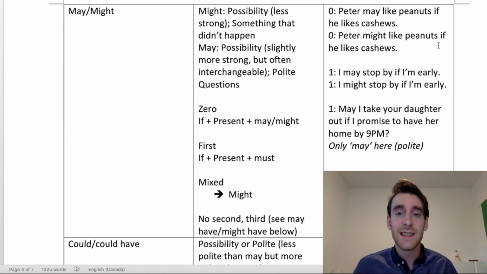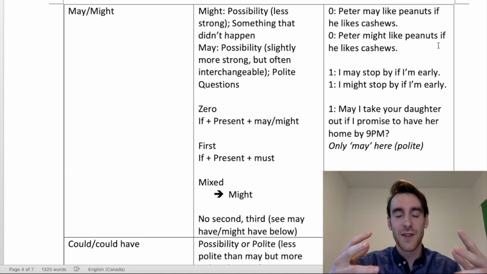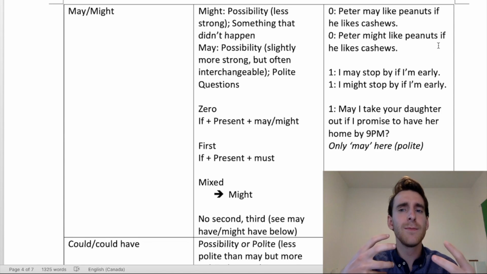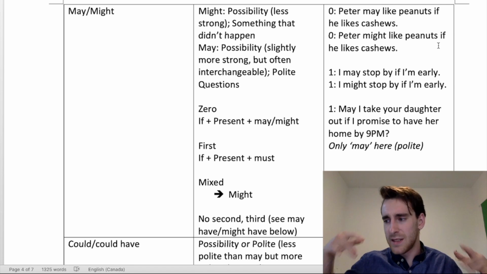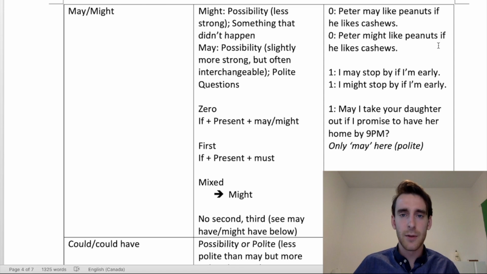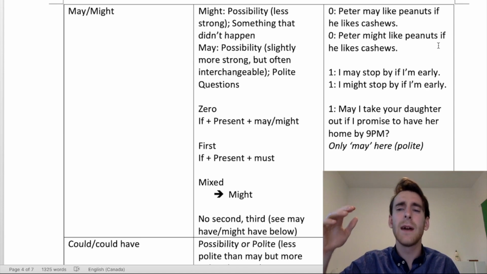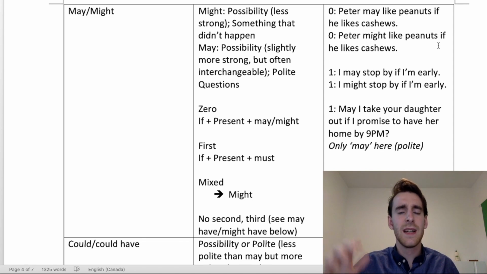But what you have to remember, guys, is that people manipulate language all the time, right? Because they want to be tricky or lie or not tell the truth. And sometimes that's good, right? I would always tell my grandmother, even if I was really busy, I might stop by if I'm early.